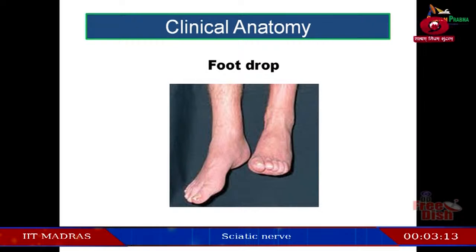Any injury to sciatic nerve or its terminal branches, that is the common peroneal nerve, can result in a condition called foot drop. As you can see, the right foot is plantar flexed. So, a person when he has lifted the foot off the ground, it will be plantar flexed hanging down, whereas the left foot is normal.